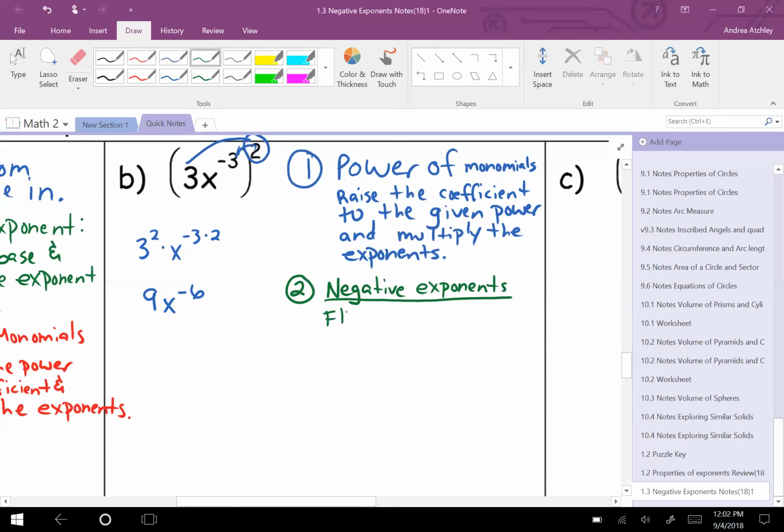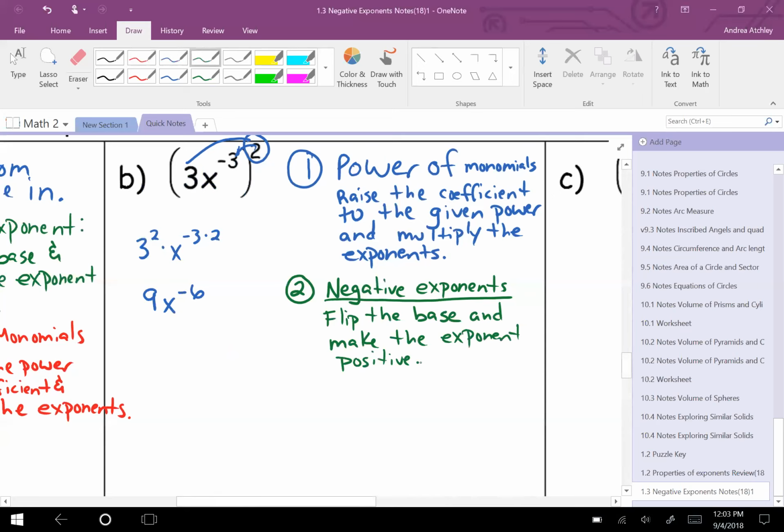We have to flip the base and make the exponent positive. That's our rule for negative exponents.